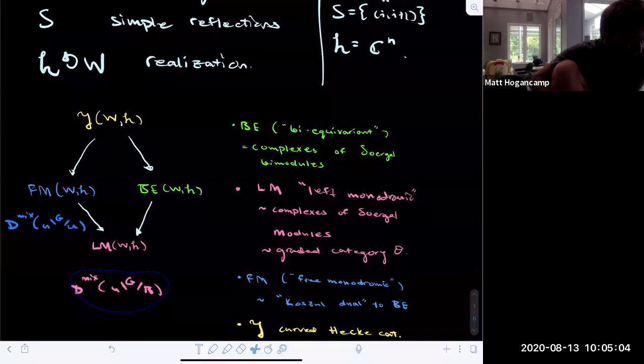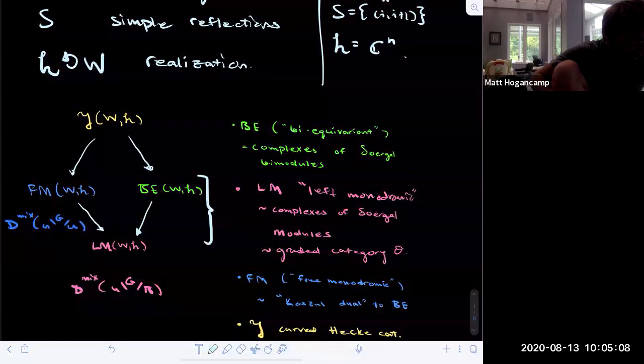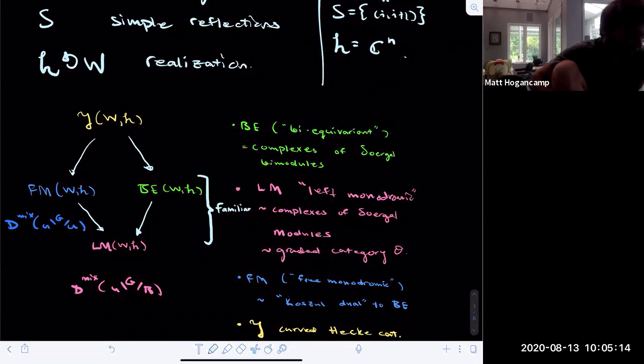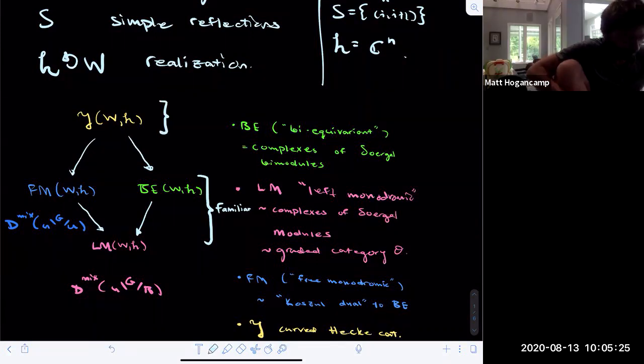Okay, so far these three categories down below are familiar to us. And one of the primary goals of this talk, we won't get to it until part 2 most likely, is to introduce this category up here, this one, Y, which is what I'm going to refer to as the curved Hecke category.